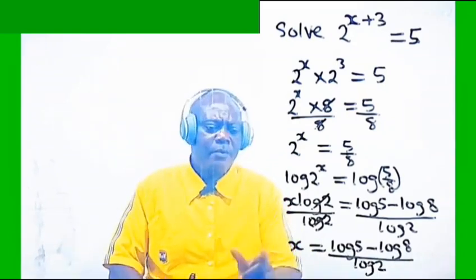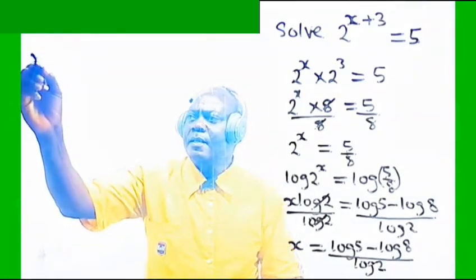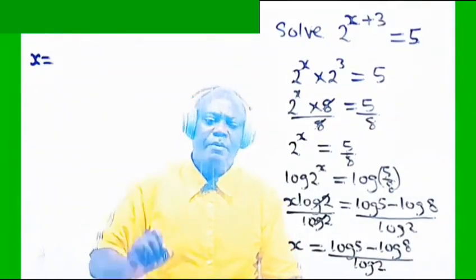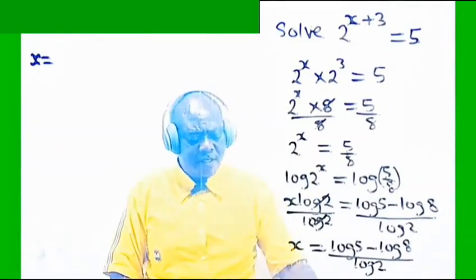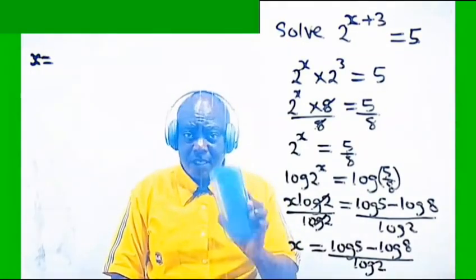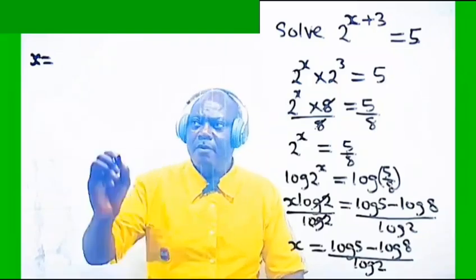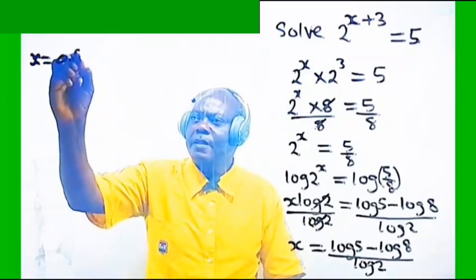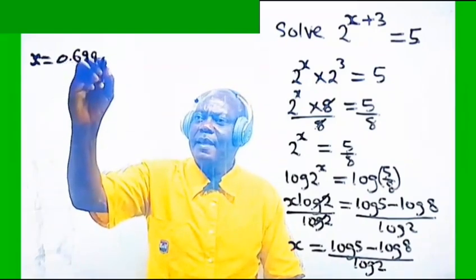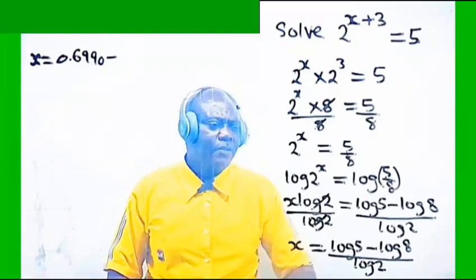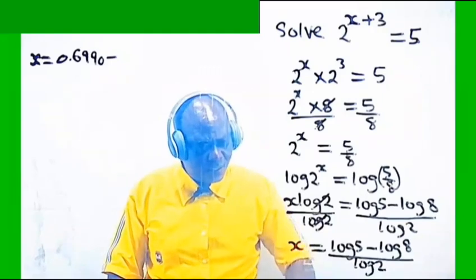Now you continue. So x now will be equals to log 5. What's the value of log 5? You take the table. So log 5 will be 0.6990 minus log 8.